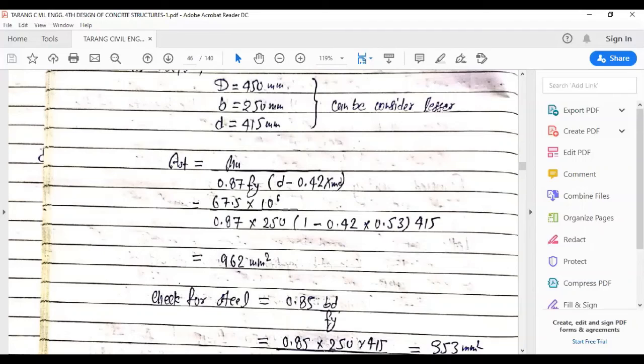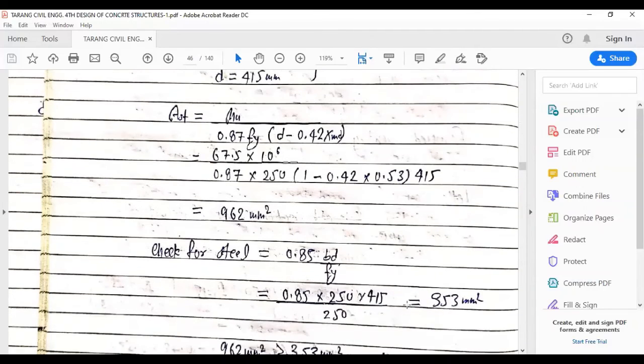Now checking for minimum area of steel. Minimum area of steel is given by this formula, 0.85 bd upon Fy. Putting the values of b, d and Fy here, we get it as 353 mm square.